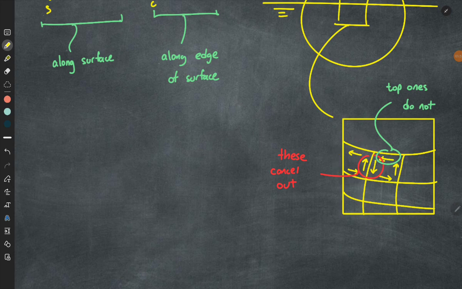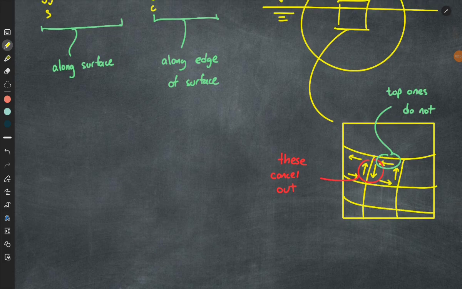What happens to the vectors that are acting at the edge of every area element is that they're canceling out. There's some circulation there and there's some circulation there, and that causes these two vectors to cancel out.